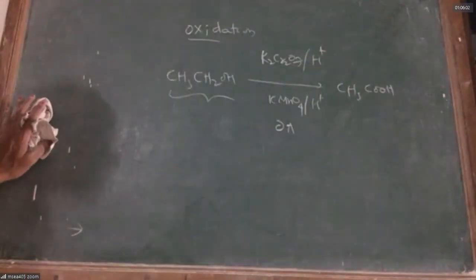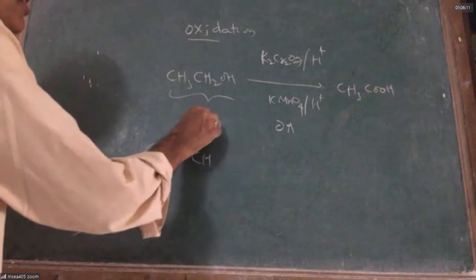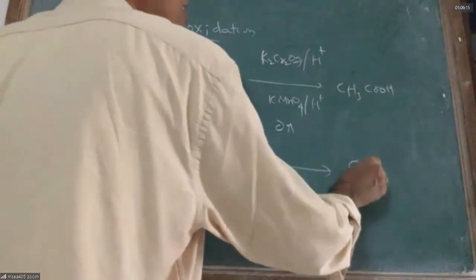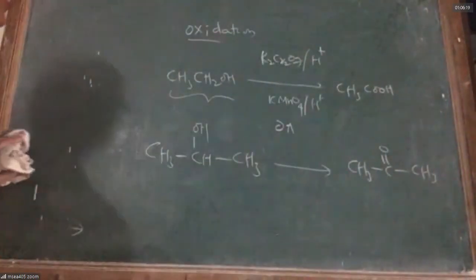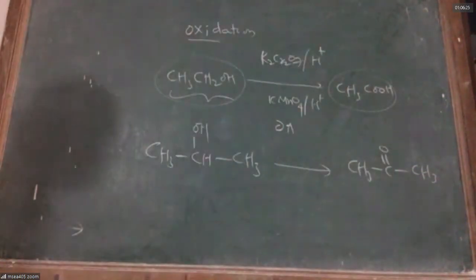Primary alcohols very quickly undergo this reaction. Secondary alcohols are not very fast in undergoing oxidation, but they still do, and they give ketones. Primary alcohols urgently become carboxylic acids.